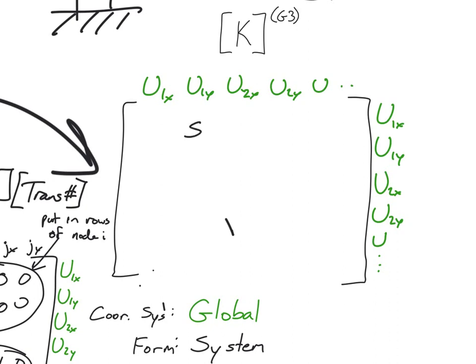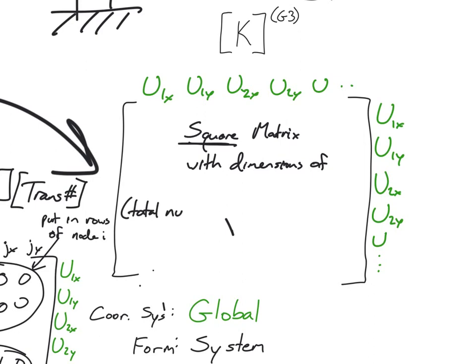This is going to be a square matrix, must be a square matrix, and it has dimensions of the total number of nodes times 2.